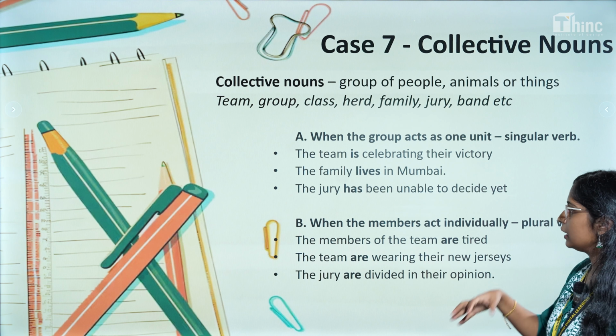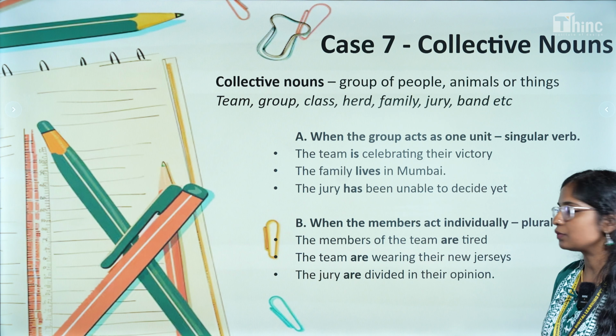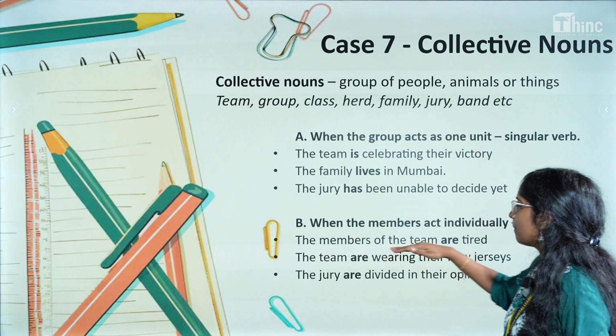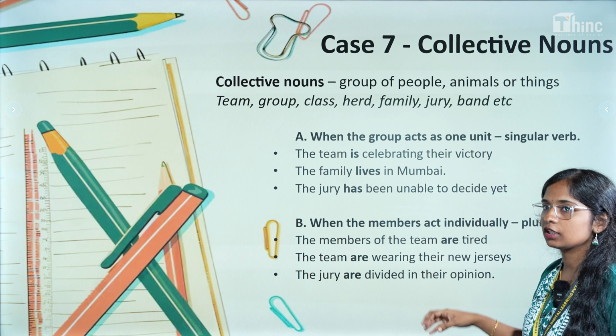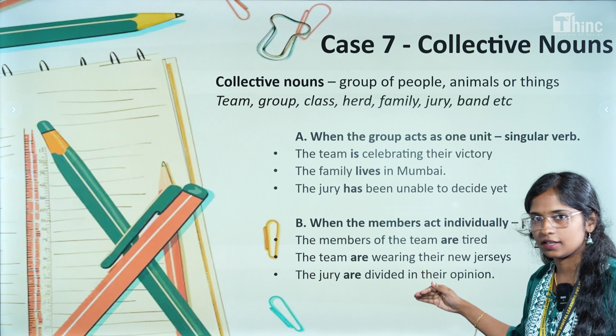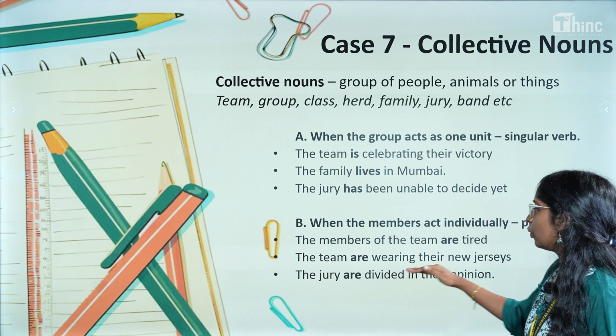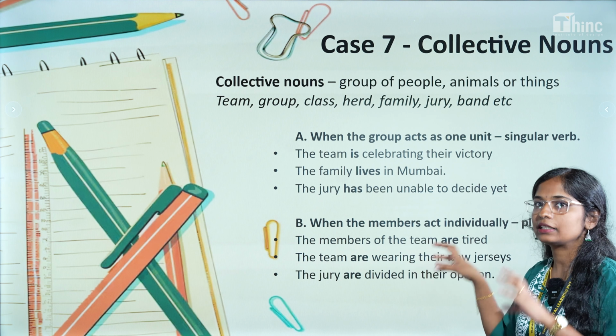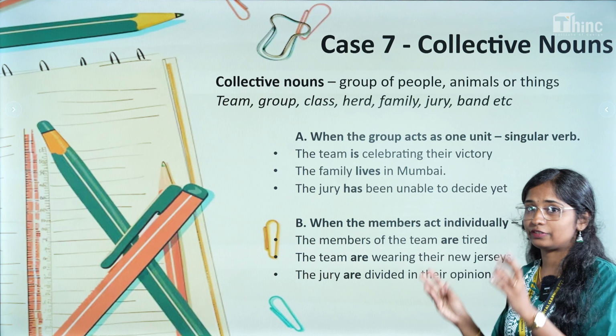But when the members act individually, then we use a plural verb. For example, the members of the team, we are talking about each member. The members of the team are tired. The team are wearing their new jerseys. Here we are considering the individual members of that team.